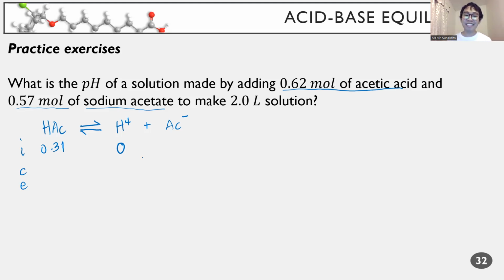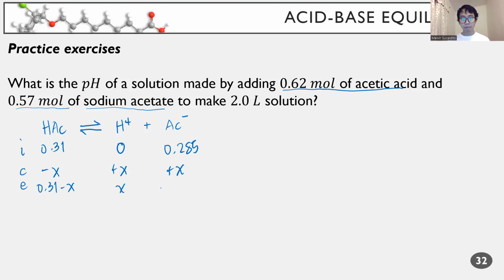So for acetate ion here on this problem, what is the initial concentration? 0.285 molar. Okay? For the change, this is minus x, plus x, plus x. Okay? Ganun pa rin naman. Now, at equilibrium, we expect the concentrations to be equal to 0.31 minus x.